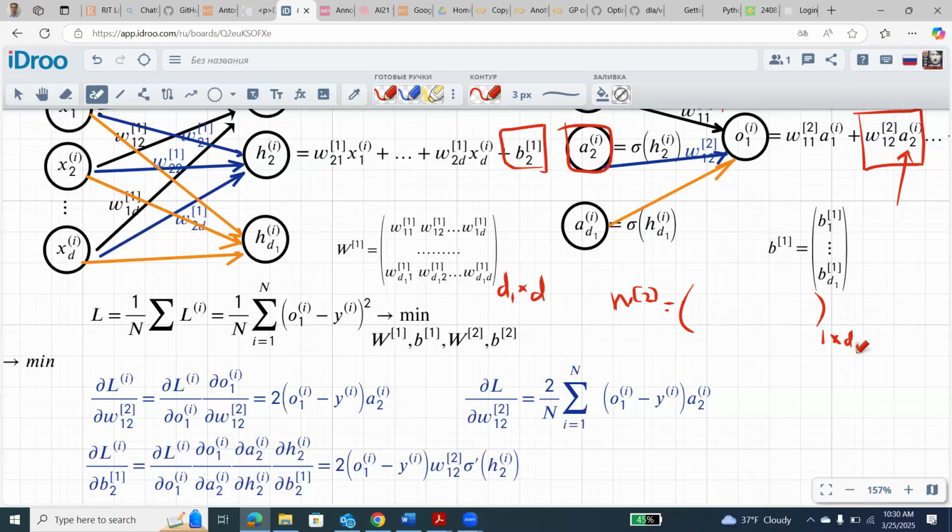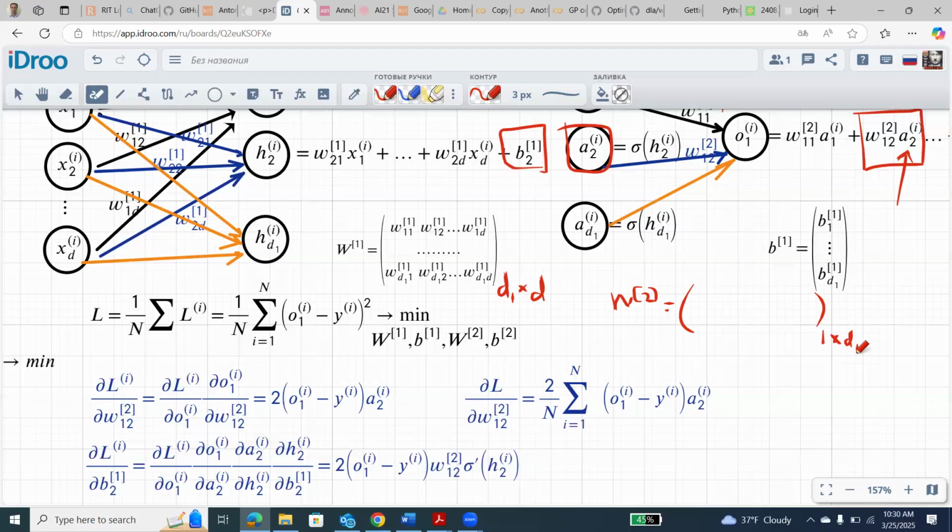So how many parameters will we have in the second matrix? 10. And how many parameters in the bias term of the output? Just one. Sum up these numbers and this will be the total number of parameters in your neural network.